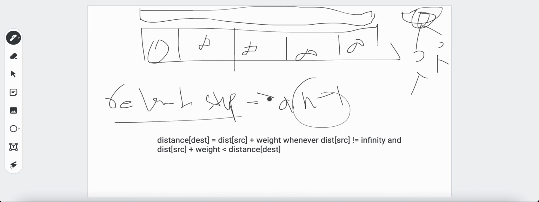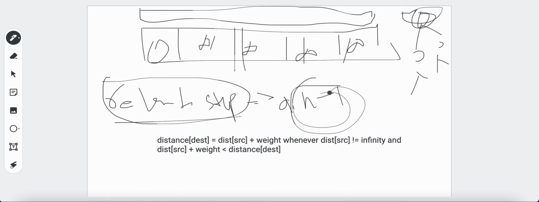Now, to detect a negative weight cycle, we do this relaxation step once more. After applying the relaxation step n minus 1 times, we get the smallest array, and there is no other way that we can change it.